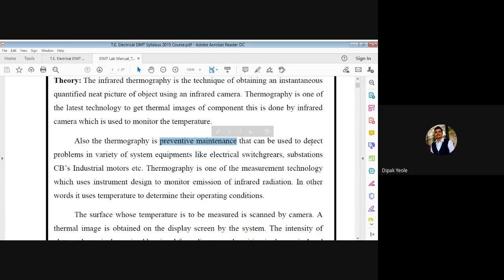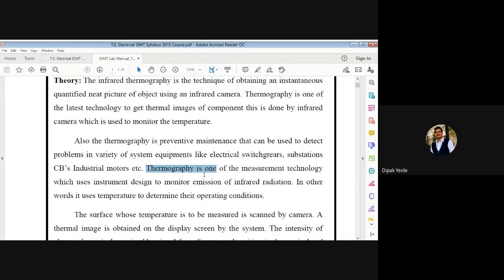It can be used to detect problems in a variety of system equipment like electrical switchgears, substations, circuit breakers, industrial motors, etc. Inside industry we use industrial motors, and if we capture thermography images, then we can find out the problem.